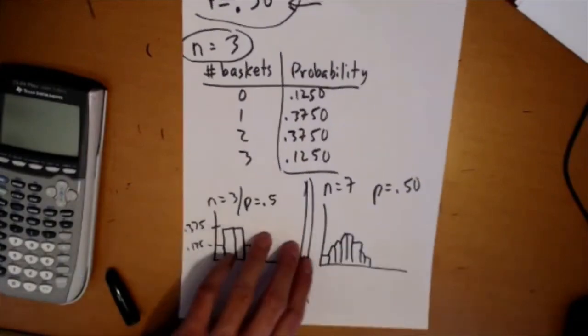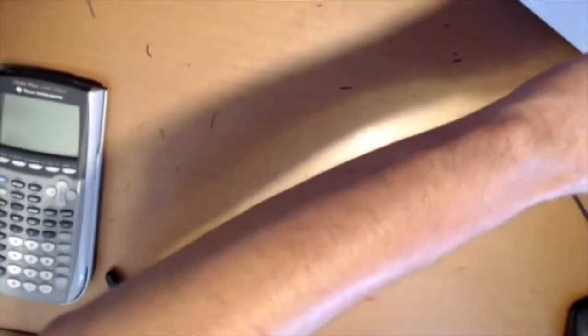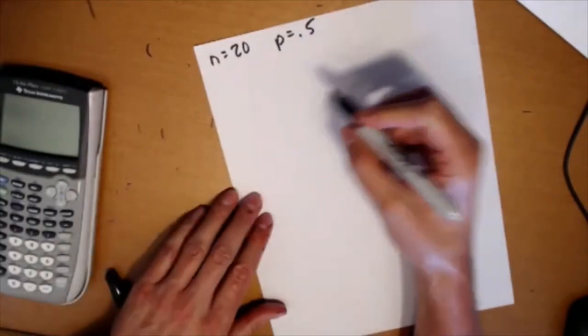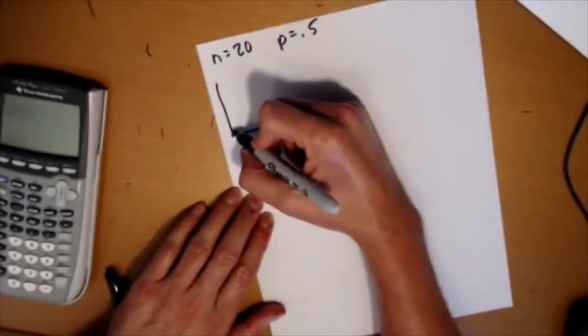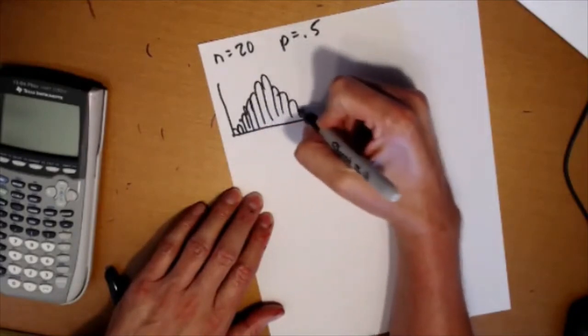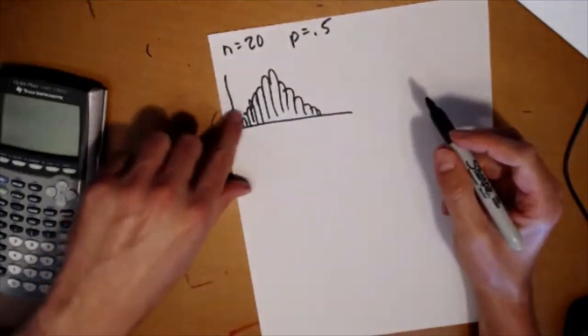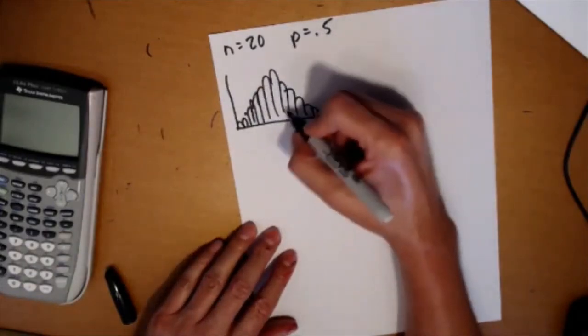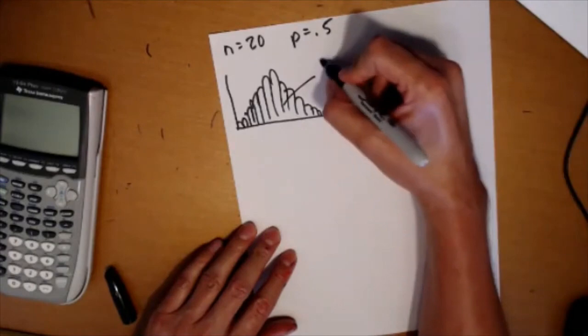So let's say it's like n equals 20 and p equals 0.5, and we were to graph it. The picture would look very similar. It'd be symmetric. And if you were to add up all of those probabilities, they would have to add up to 1.